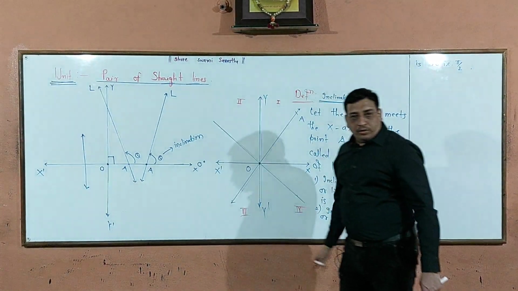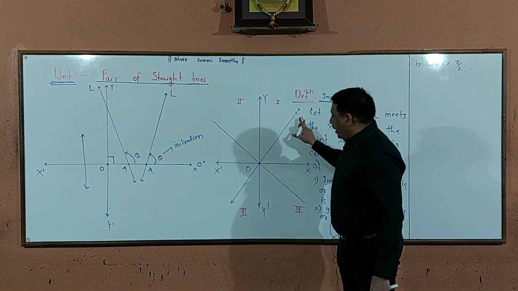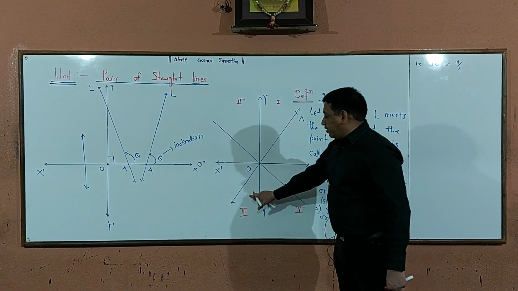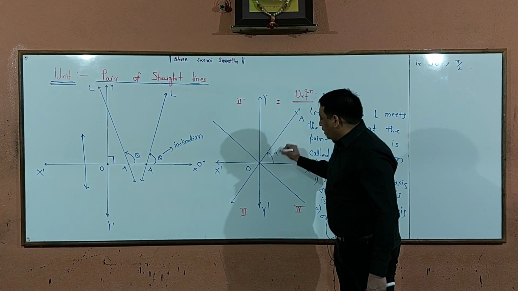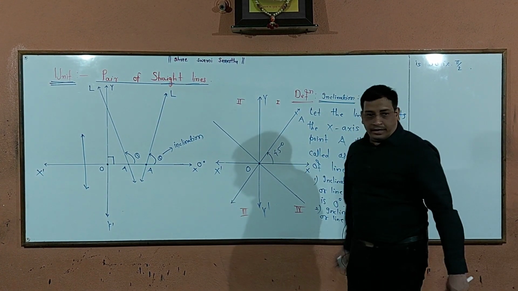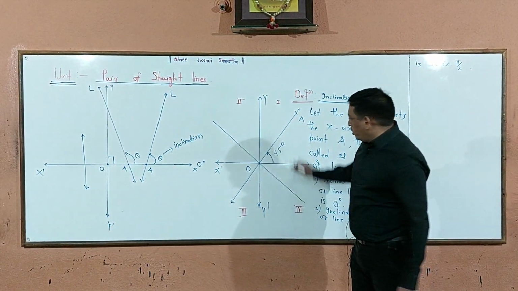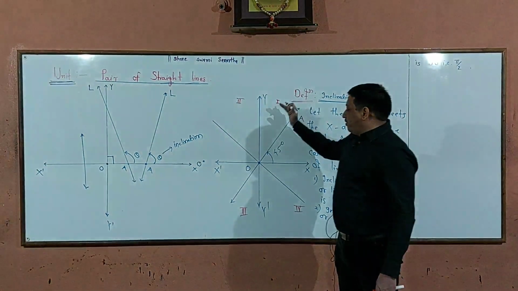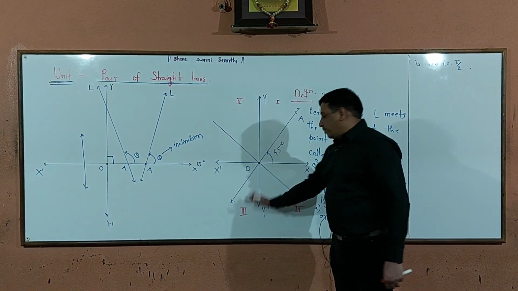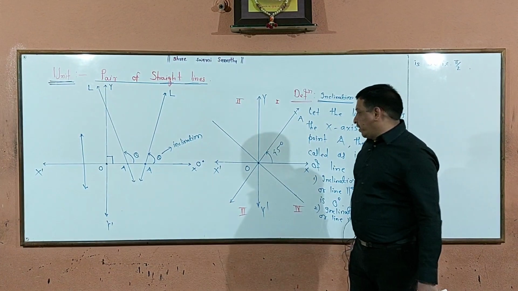But OA bisects it, so its inclination is 45 degree. So the inclination of the line OA bisecting the angle between the first and third quadrant is 45 degree.